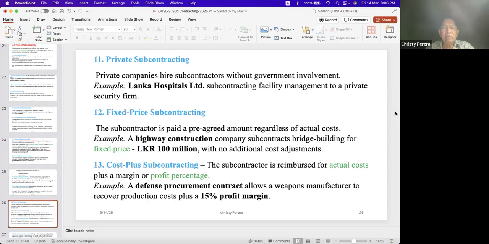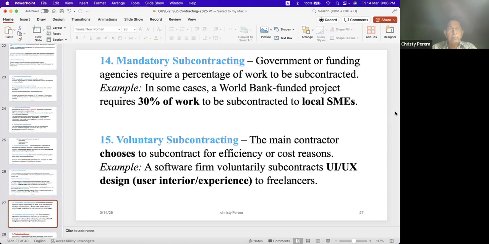As you can understand, the subcontractor is paid a pre-agreed lump sum amount. The other one is cost plus subcontracting: cost plus some margin, say 10% or 15% profit margin. Mandatory subcontracting: government or funding agencies require a percentage of work to be subcontracted.